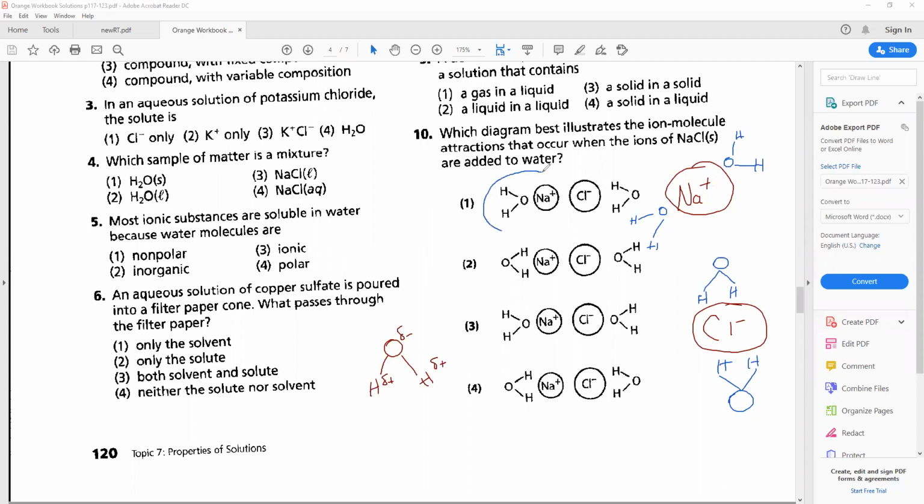That makes sense. The chlorine, the chloride, is going to be attracted to the hydrogen. That makes sense, but the other doesn't. Therefore, the answer is choice number 1.